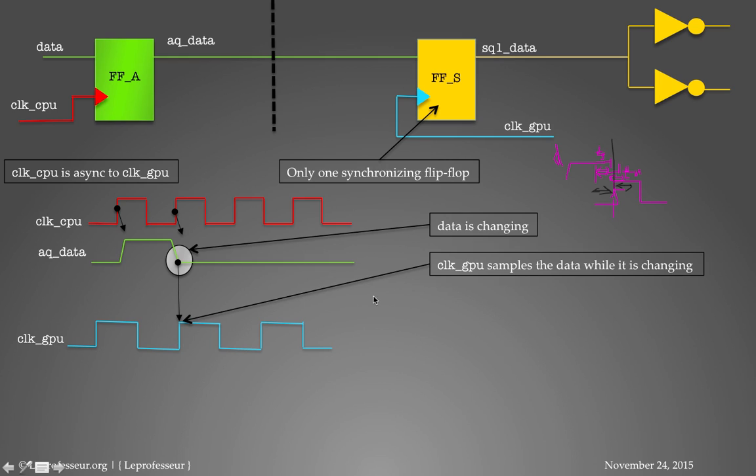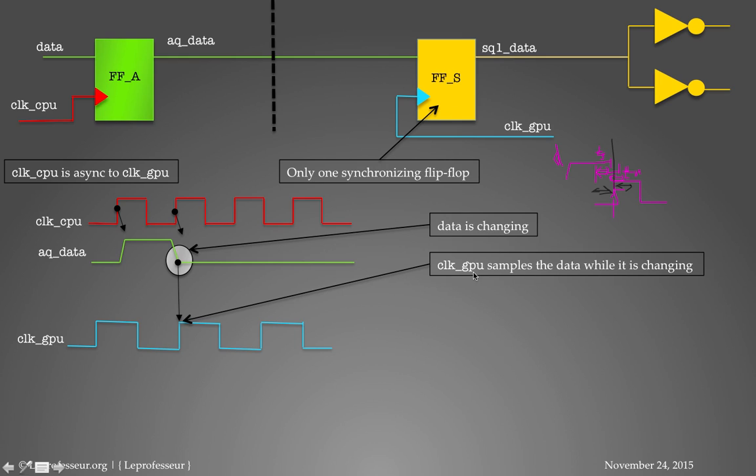the AQ data will be sampled in the receiving clock domain, which is clock GPU, when it is changing, because there are a couple of reasons here. The data width is too small, and it is changing too early, and it is most likely getting into the setup window of the synchronizing flip-flop FFS.